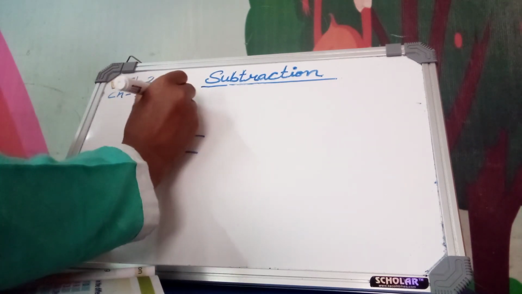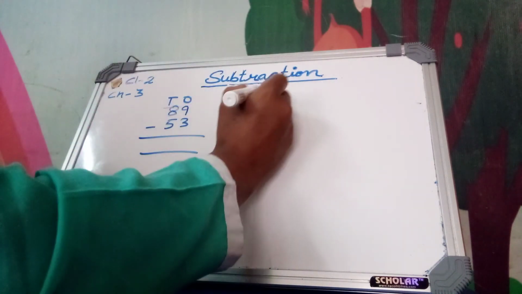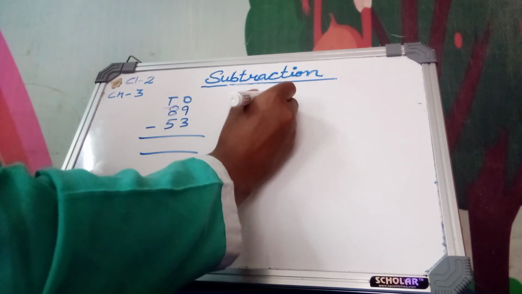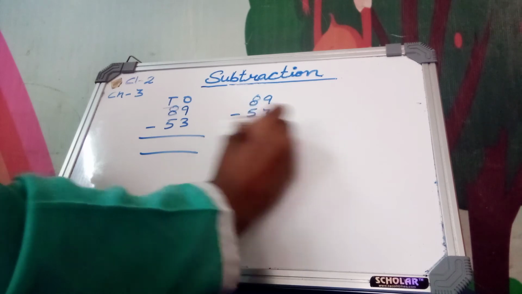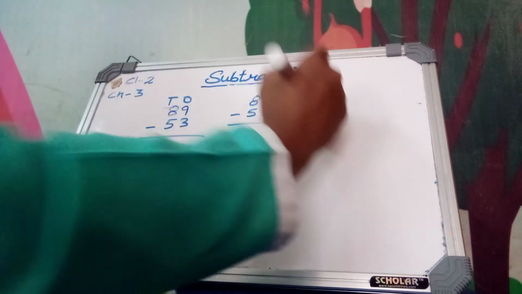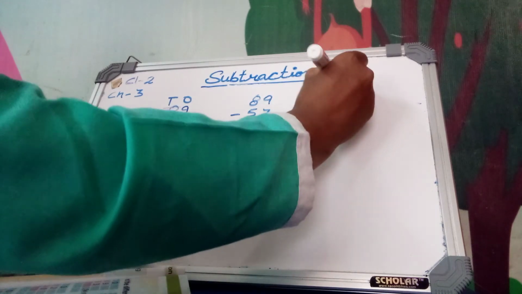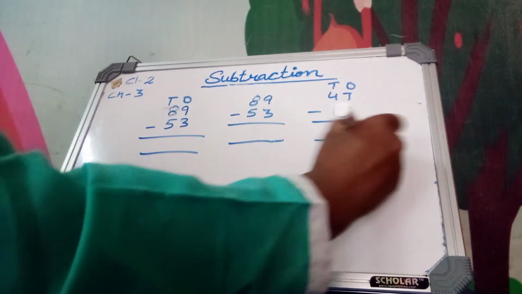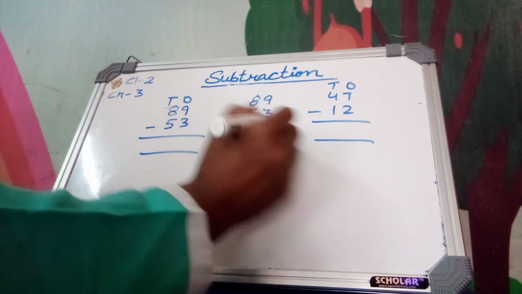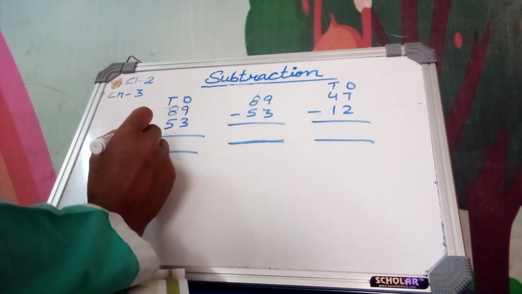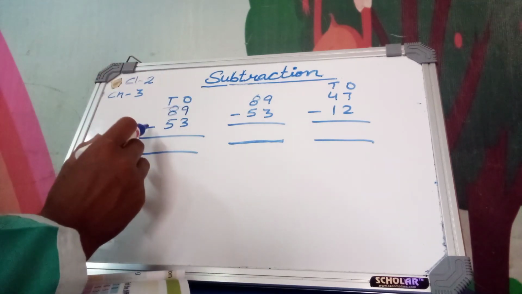This is ones and this is tens. 89, 53. 47, 12. Don't forget to write this symbol. Okay. This is showing what operation you are doing.